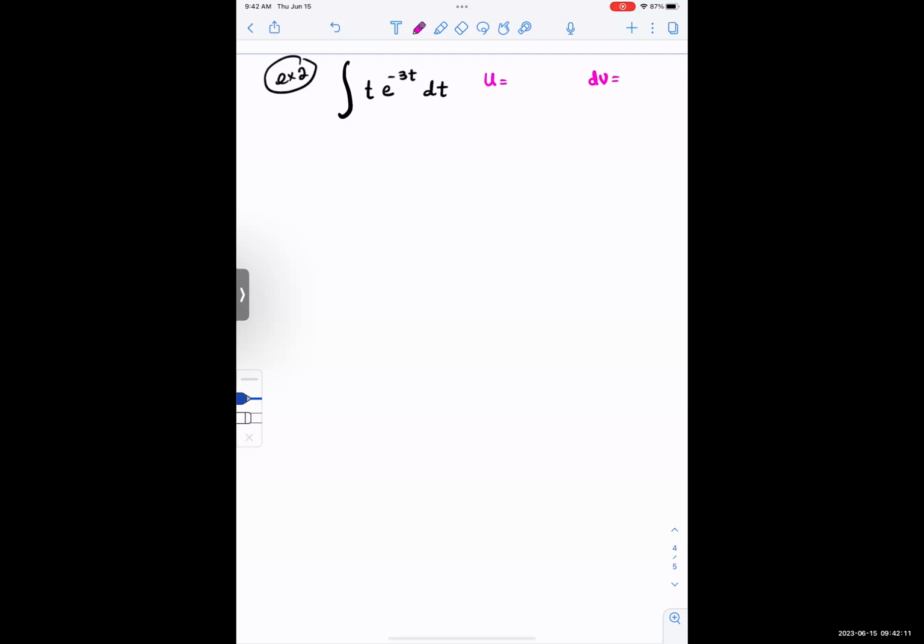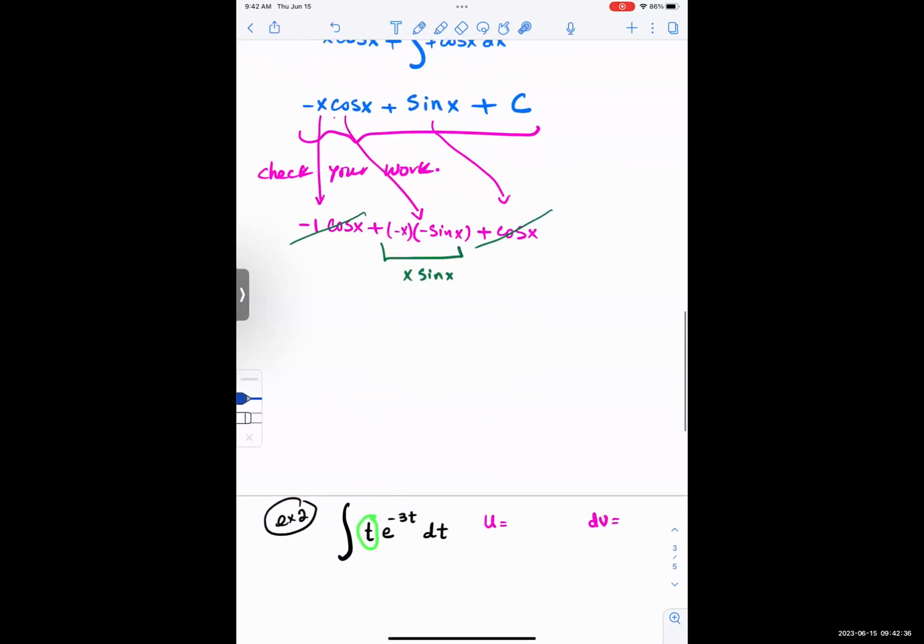So tell yourself, what is my goal? I want to reduce my integral to something easier. If I let t be u, then du would be just dt because the derivative of t is 1. So I'm reducing my next integral, exactly like the one you had here.